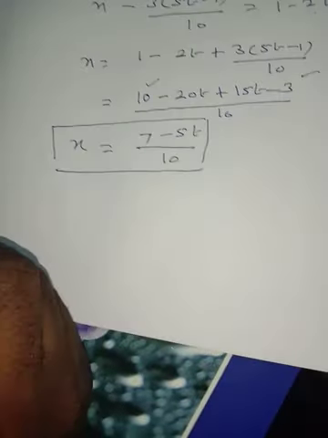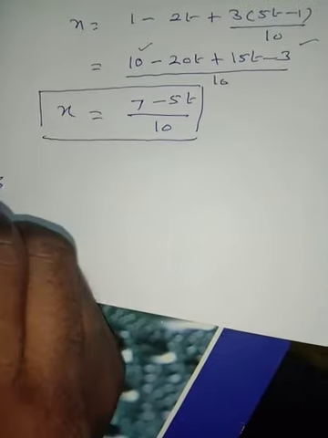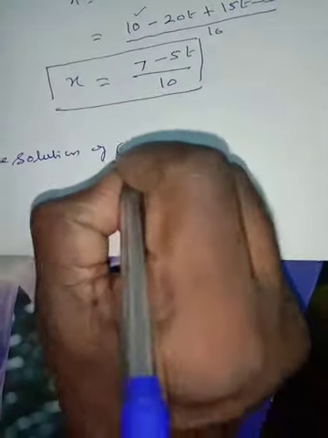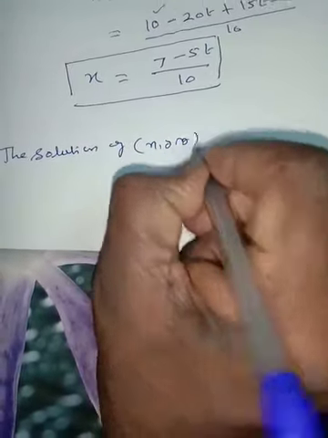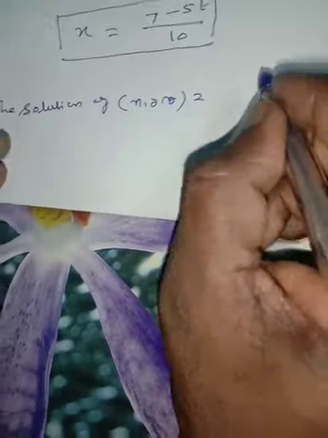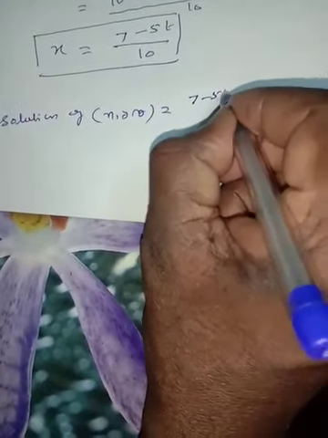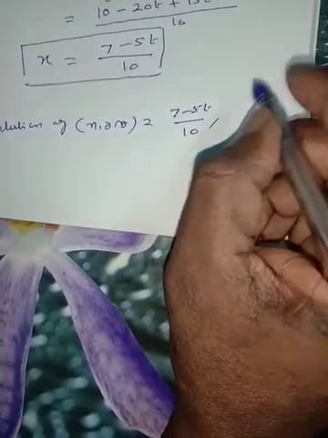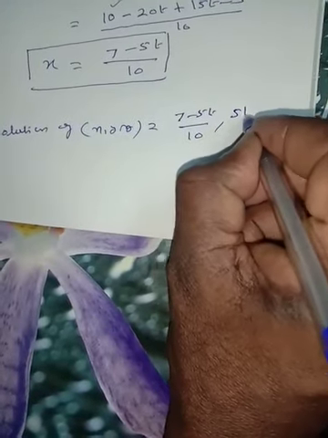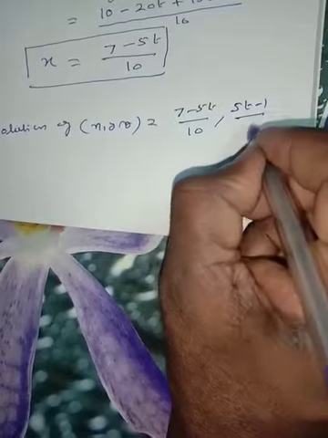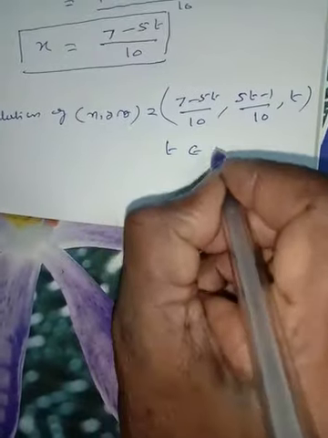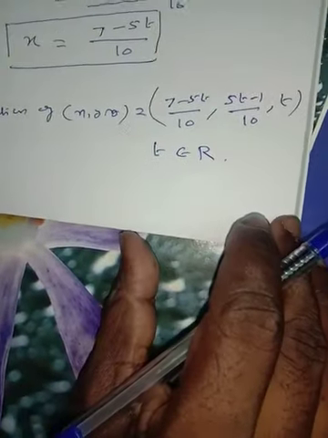The solution of x, y, z is equal to (7 minus 5t) by 10, comma, (5t minus 1) by 10, comma, t. t is an element of the real number set.